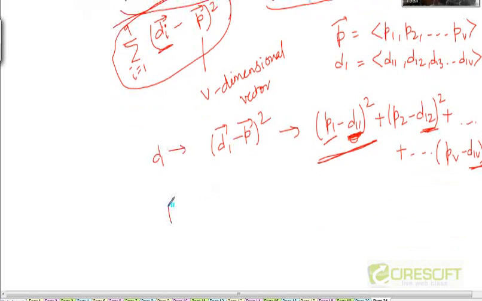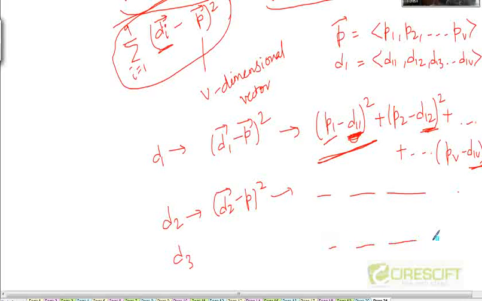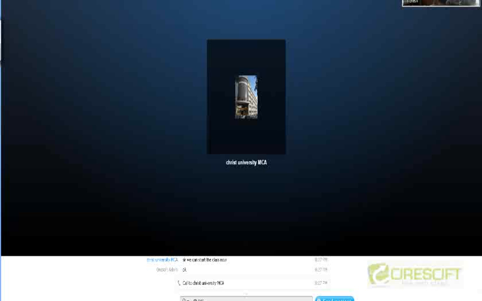For D2 you will have similar other terms. For D3 you will have V other terms, and effectively you're adding all of them, and you're asking what should be the coordinate of P such that this whole sum will be minimized. What will be the answer?